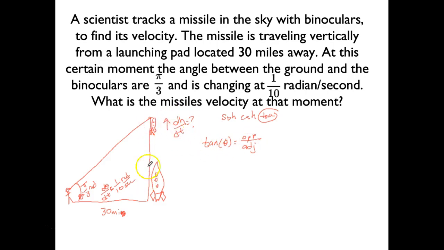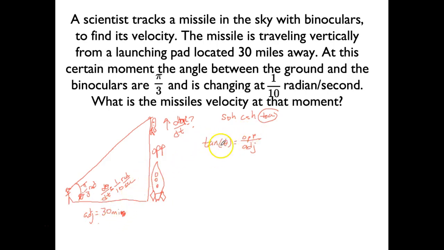Okay, this is my opposite side, and we're looking for the change in the opposite side, and this is my adjacent side, and that's it. Okay, the change in the adjacent side is 0, right? This is not changing. Okay, so this is an unchanging variable, so in step 3 we can plug it in.